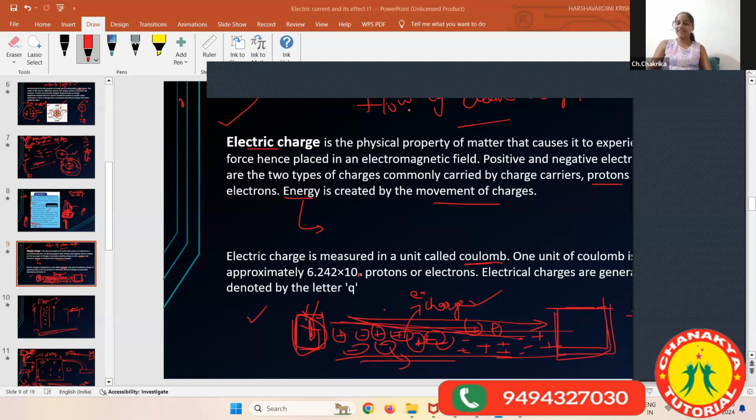A Venus flytrap is a plant which eats other insects like bees and flies. I don't know. Okay, not a problem, not a problem. Please do check the recordings and all the slides and PPTs.